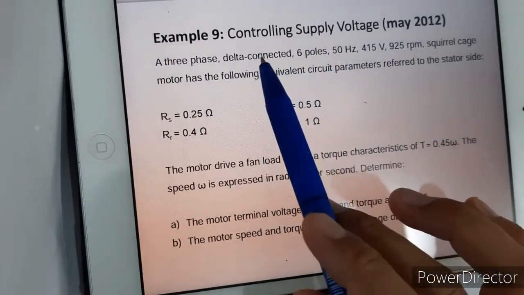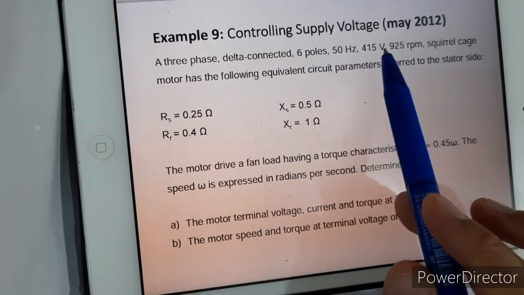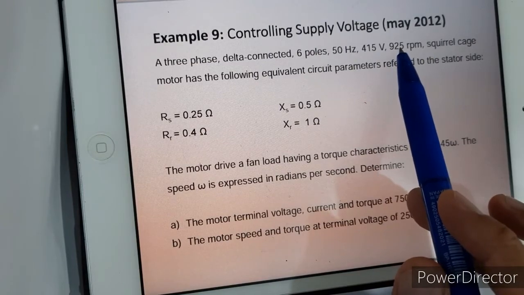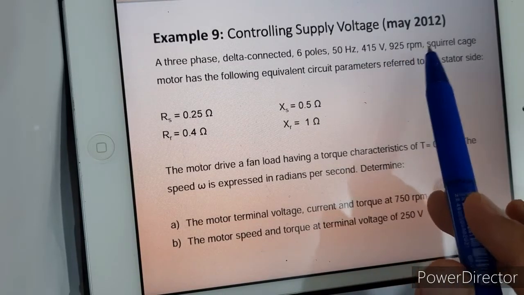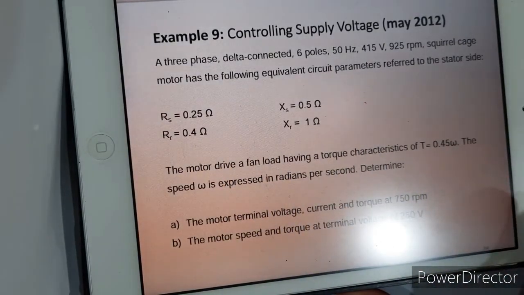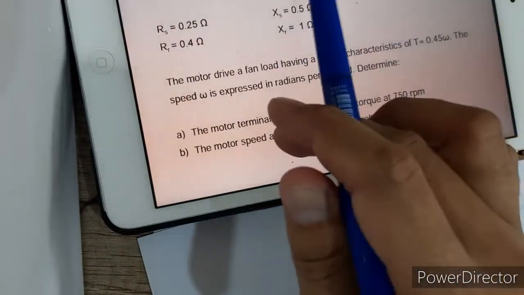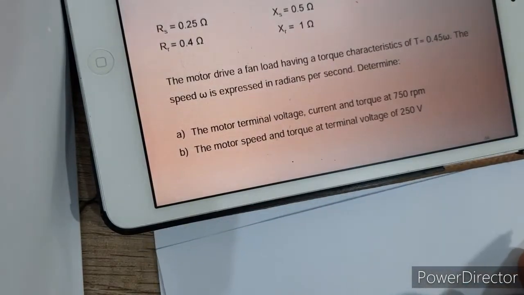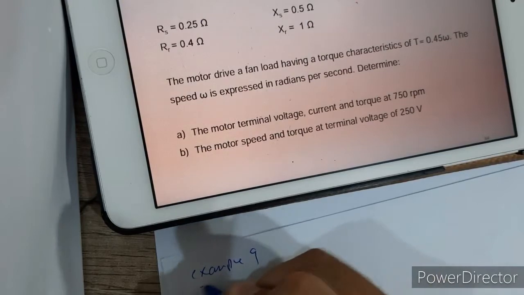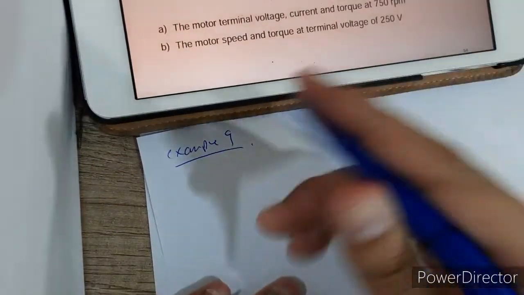We know that V line for delta is equal to V phase. The rated speed is 925 RPM, and these are the parameters referred to the stator. The number of poles is 6. Firstly, we can determine NS and omega S.